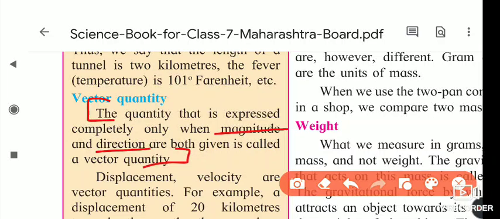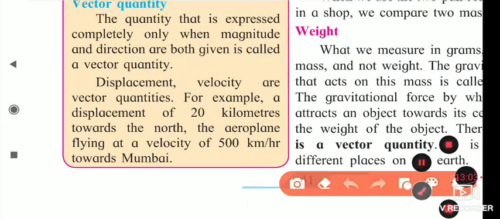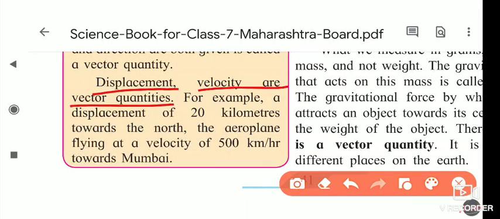Next, which are the examples of vector quantities? The examples are displacement and velocity. For displacement and velocity, we take the direction into account. For example, see here, a displacement of 20 kilometers towards the north direction.